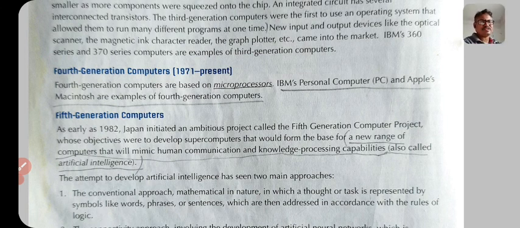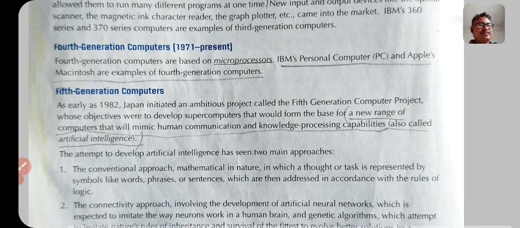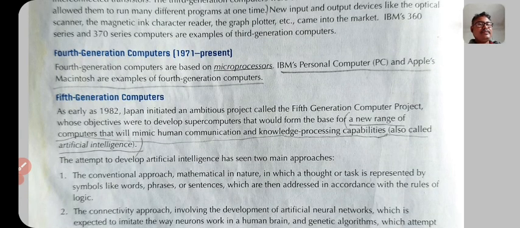Then what is the fifth generation computer? As early as 1982, Japan initiated an ambitious project called the Fifth Generation Computer Project, whose objective was to develop supercomputers that would form the base for a new range of computers that will mimic human communication and knowledge processing capabilities, also called artificial intelligence.